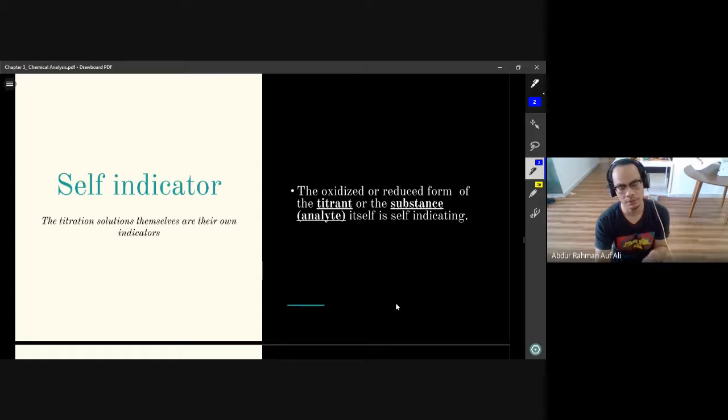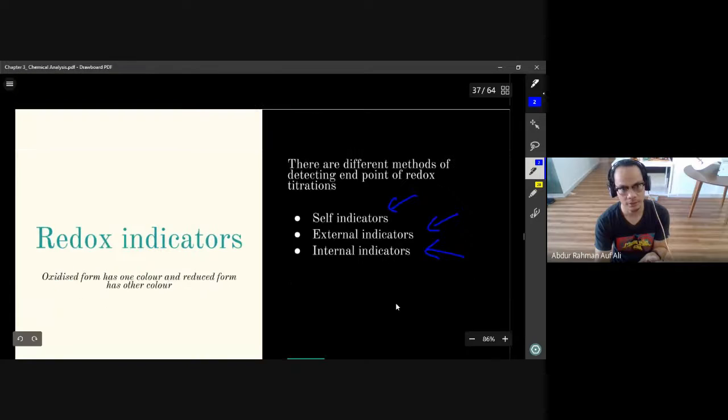The change in the oxidation state will bring a change in color.